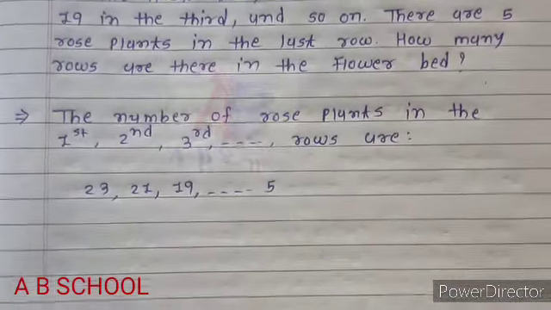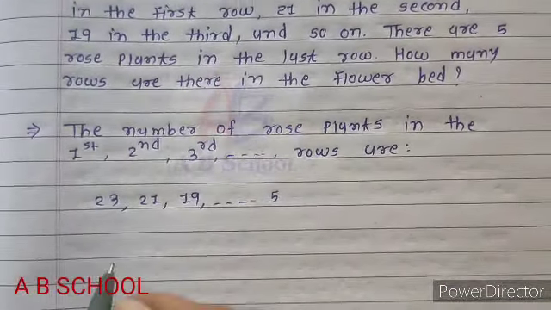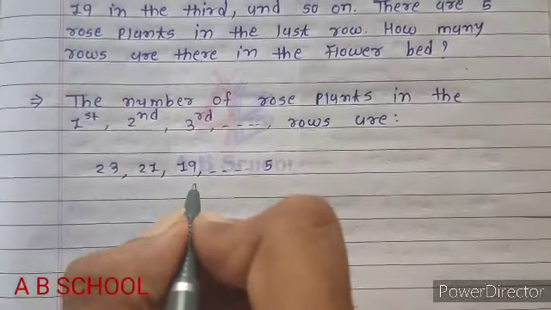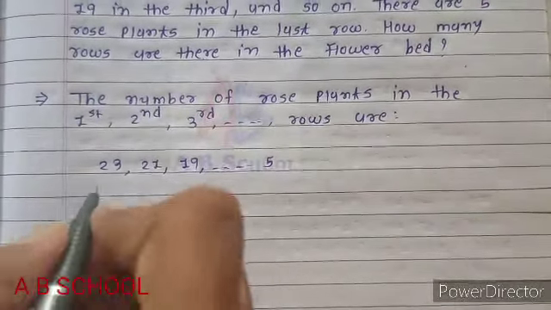Okay. So the AP will be 23, 21, 19, up to so on 5.